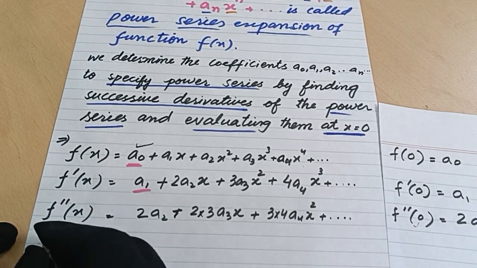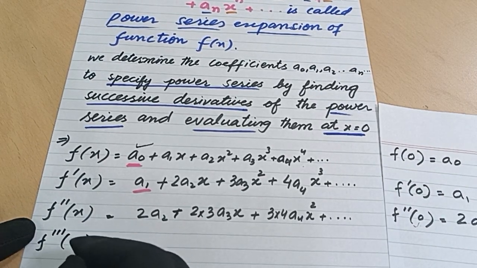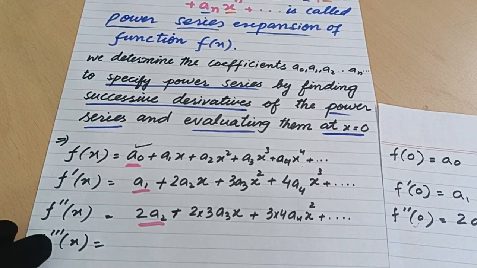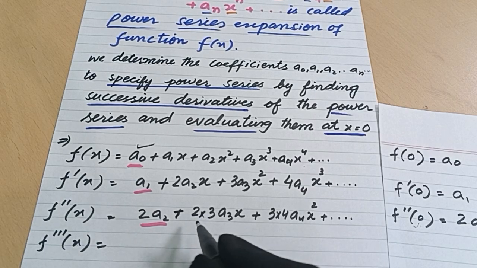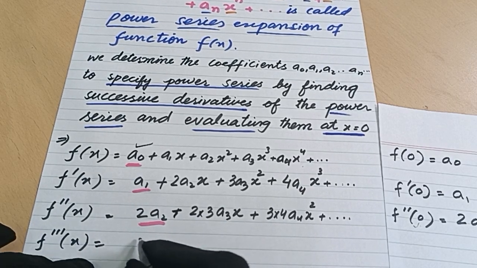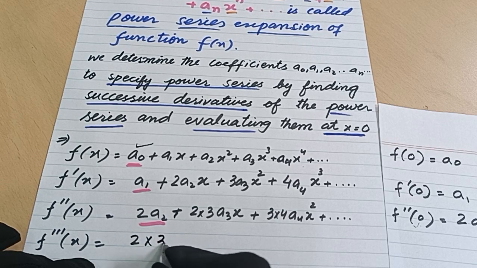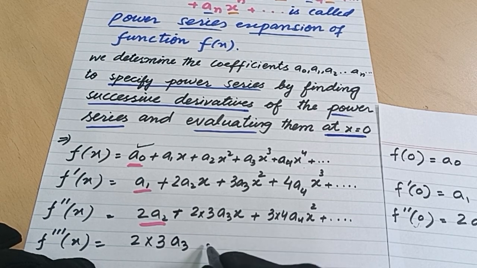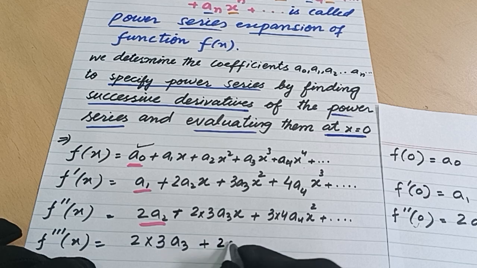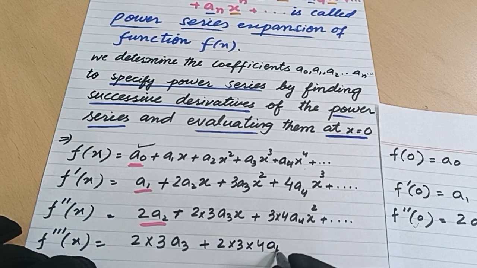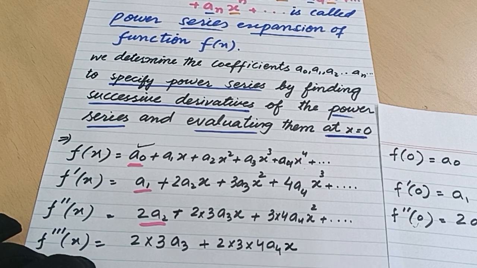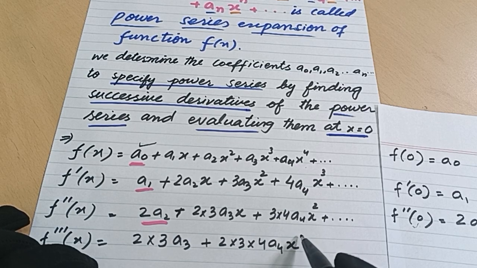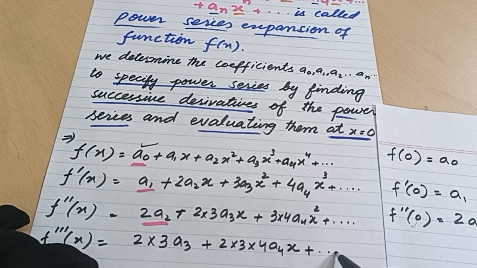Going in this way, I am taking the third derivative. The third derivative will make the first term 0 because it's a constant term. The first term will be 2 times 3 a3, which you can write as it is or in the form of 6; I will suggest writing it as it is. The derivative of x becomes 1, plus 2 times 3 times 4 a4 x, because the derivative of x squared is 2x by the power rule, with power decreased by 1, and so on.